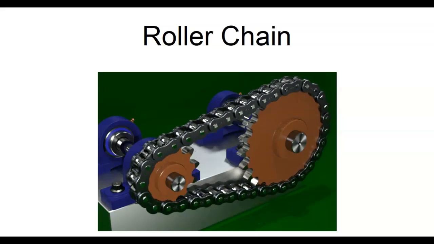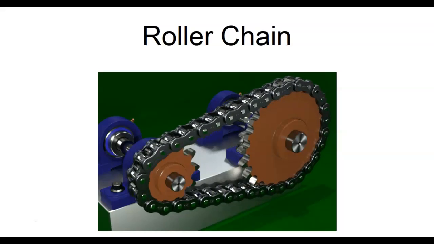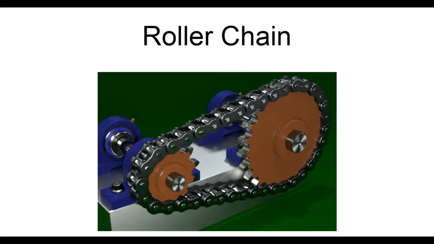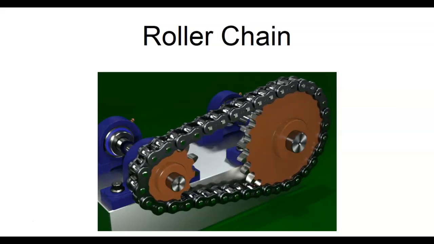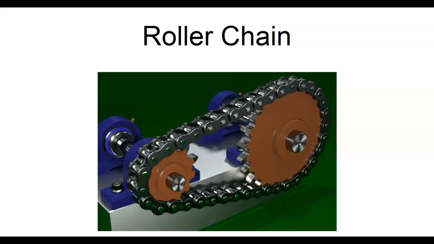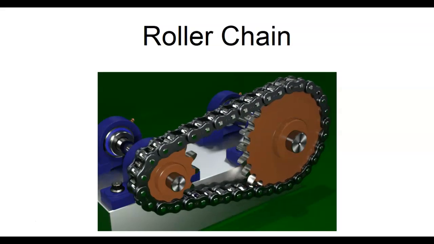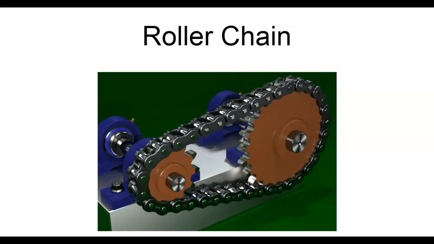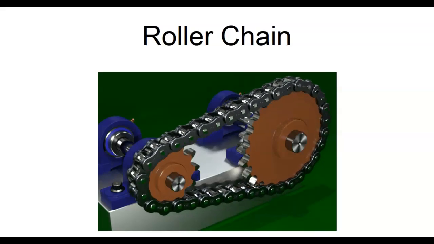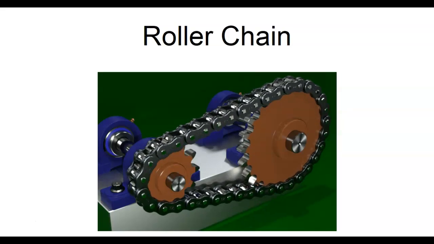You can't get it apart unless you soak it in oil for a long time. Of course, you've got to make sure you match the pitch of the chain with the pitch of your sprockets, right? So you just can't go out and buy any chain to fit anything, right? You understand that?